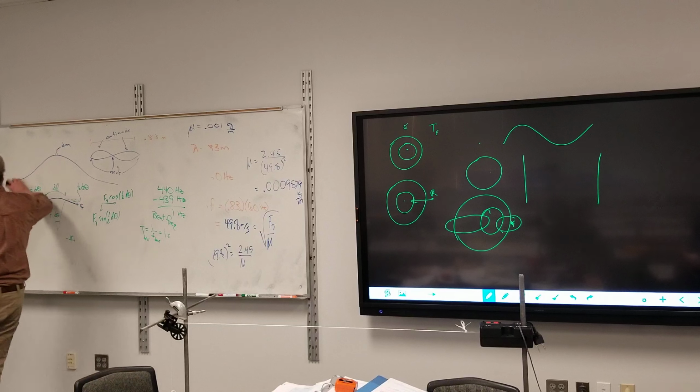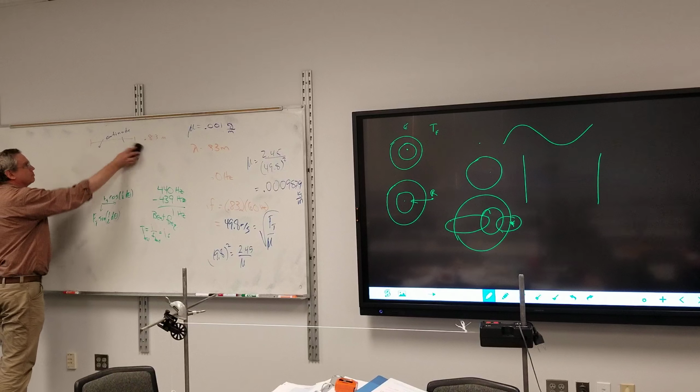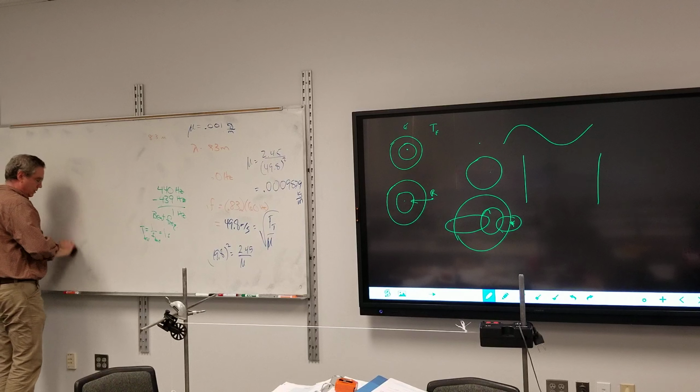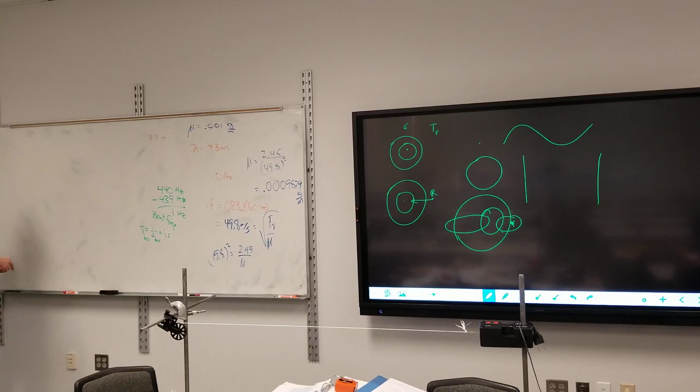So what we're going to do is derive this Doppler shift. So I have a wave that is sent out in that direction. Sent out in all directions, but I only care about that direction.